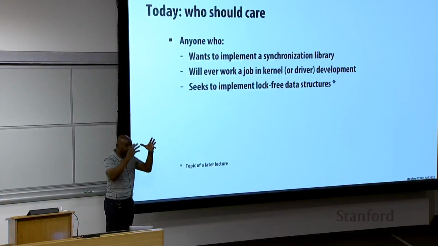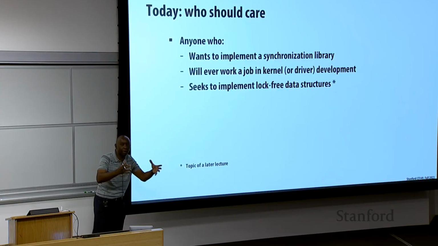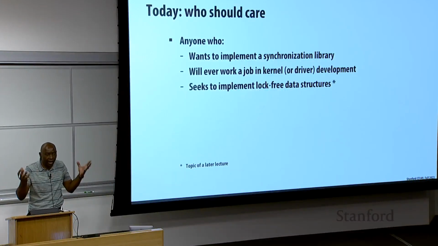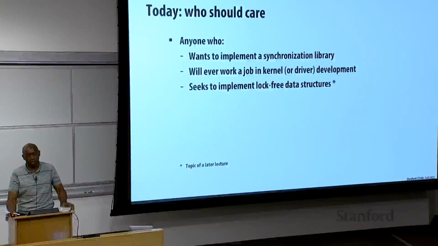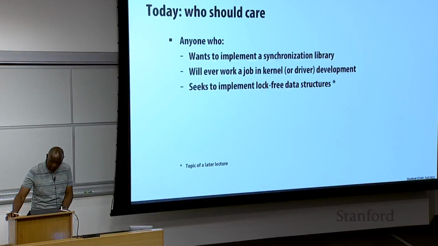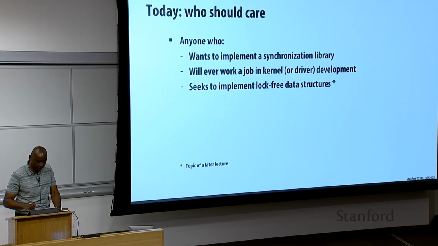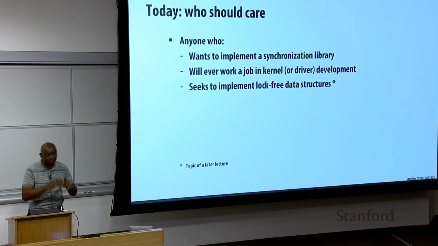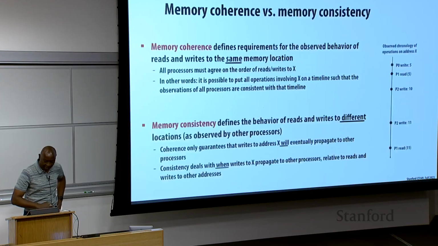If you are an application programmer developing in a high-level language, or you are going to use kernel libraries or system libraries, then it's not so important to understand the details of the memory consistency model. But if you're a low-level system developer, like potentially the people in this class, then it's important to understand.